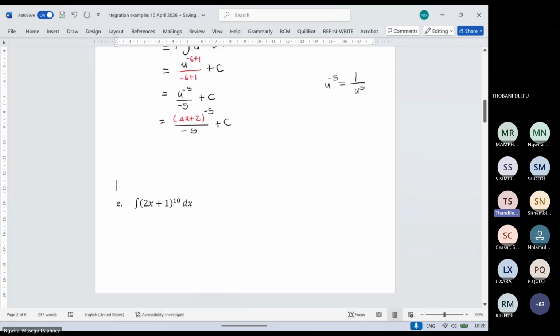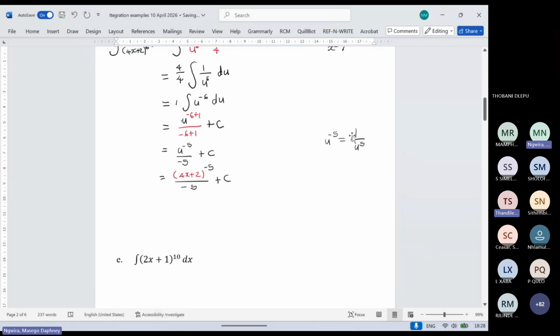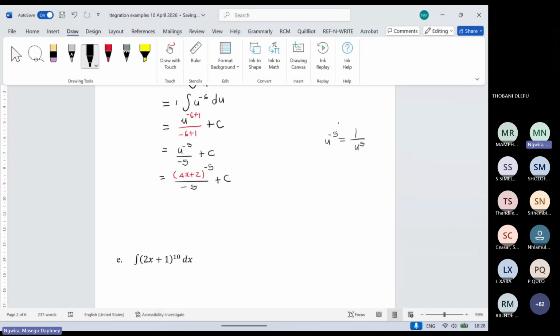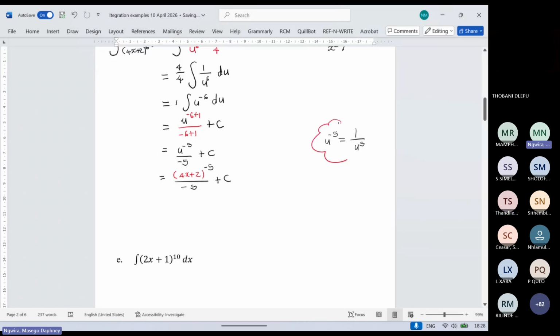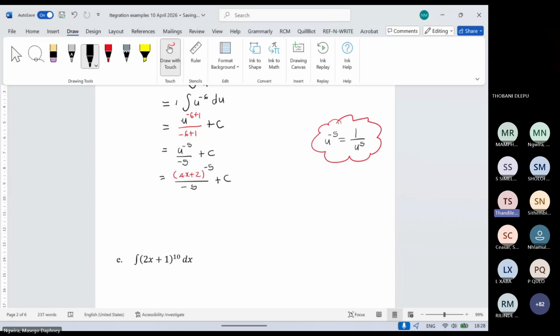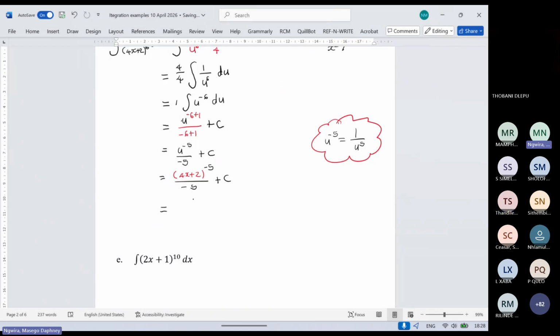So should we change the top part to what you said? Yes, we make it positive. It must be in a positive form. To make it positive, you just take it down, so it's going to be 1 over. The negative doesn't matter, you can put it at the bottom or next to it.